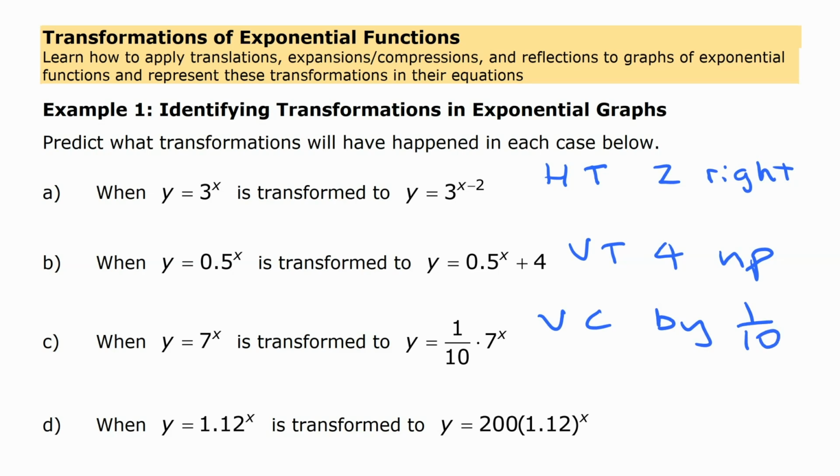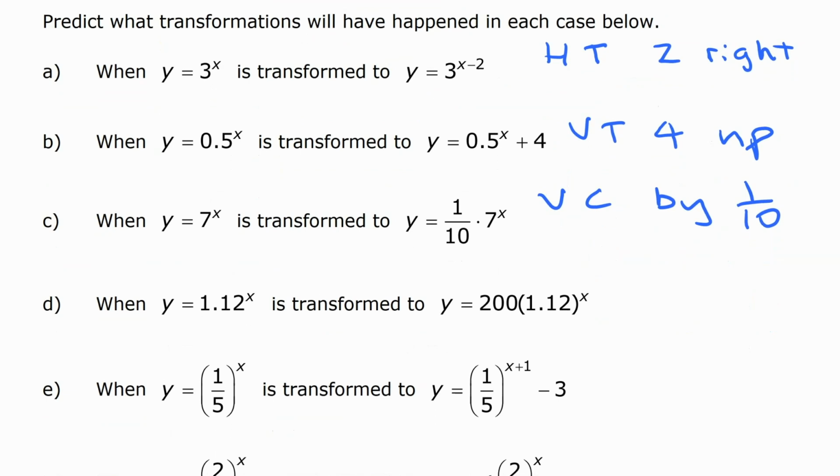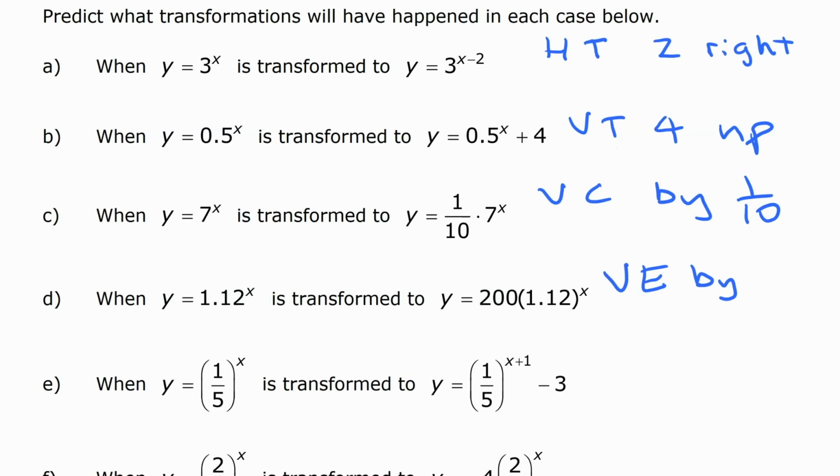Squish all the y values. And if we make the change from y equals 1.12 to the x to y equals 200 times 1.12 to the x, in other words, if we multiply that base function by 200 in front, that is going to cause a vertical expansion by a factor of 200.